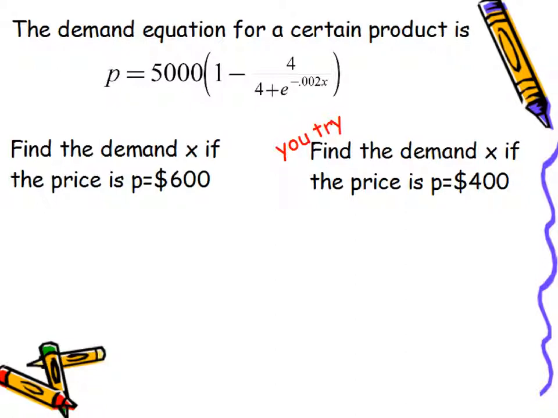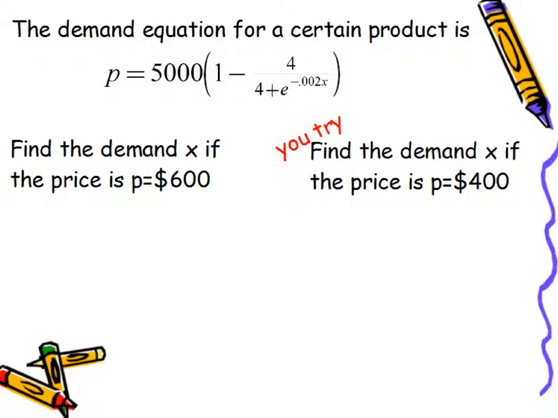The demand is the x value, how much in need that product is, and p is going to be the price of it. In general, as your price increases, the demand is probably going to decrease a little bit.